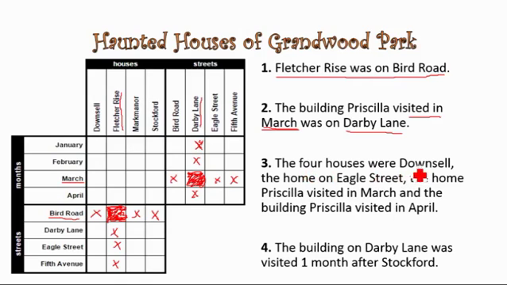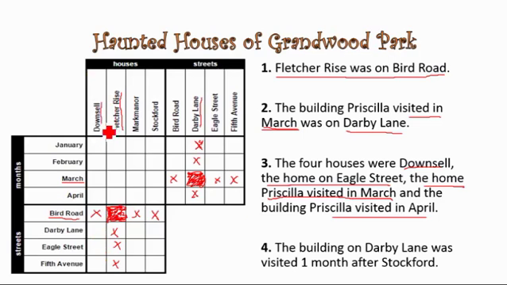The 4 houses were Downsell, the home on Eagle Street, the home Priscilla visited in March, and the building Priscilla visited in April. So because those are 4 different houses, you have to remember that Downsell now cannot be on Eagle Street because those are 2 different houses. There's a different house that's not Downsell that is on Eagle Street. So Downsell is not on Eagle Street.